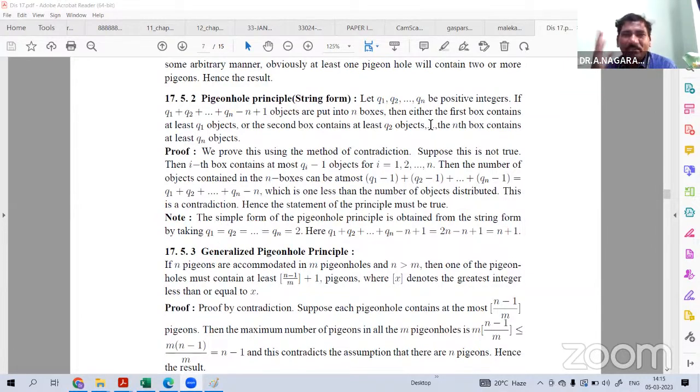Total elements: Q1, Q2, Qn, if I take n elements in the different boxes. Here I am taking 5 balls or 5 objects, and keeping them into 3 boxes.